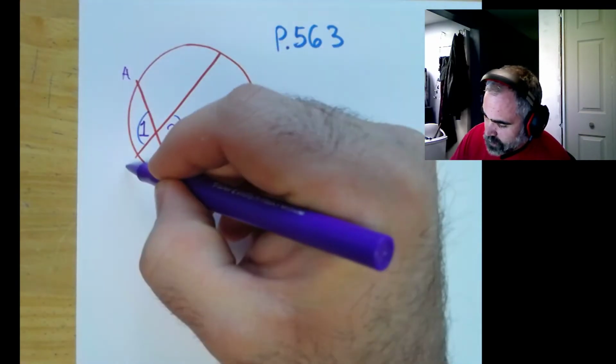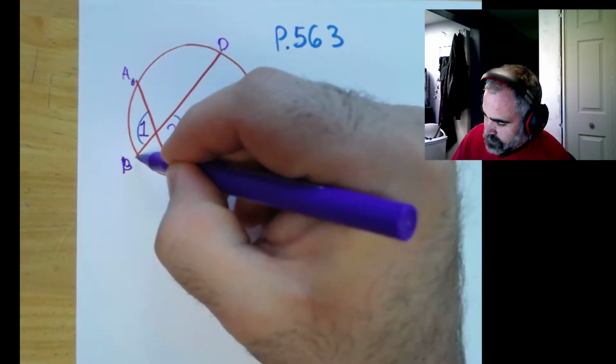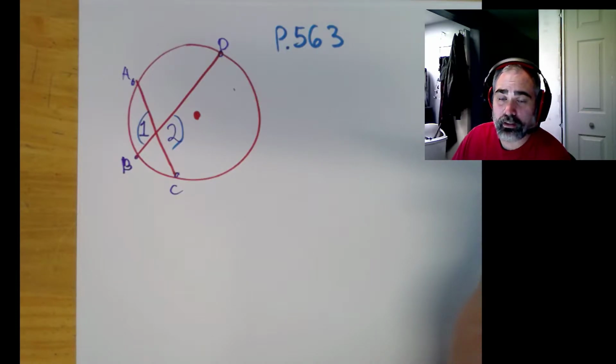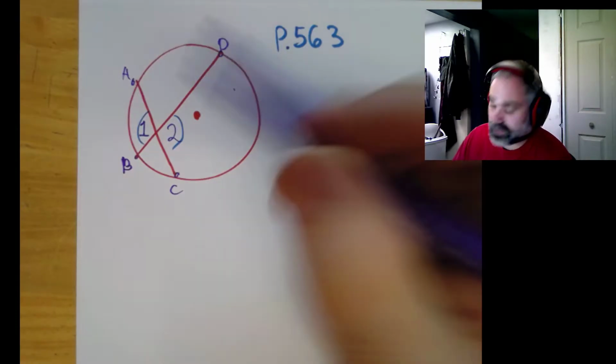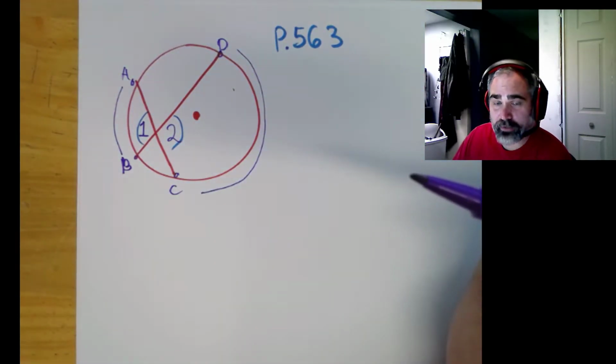We'll call these vertices A, B, C, and D. If I want to find the angles, all I need to do is average these two arcs.